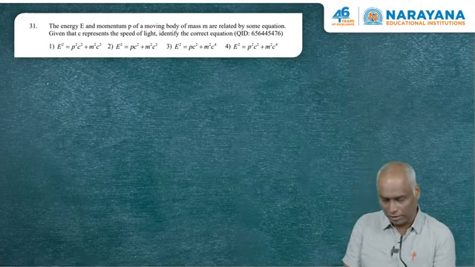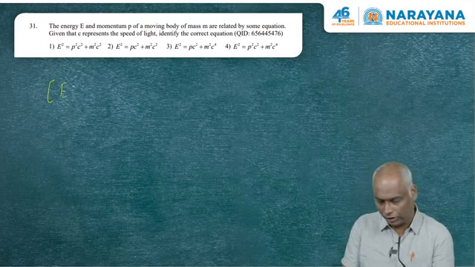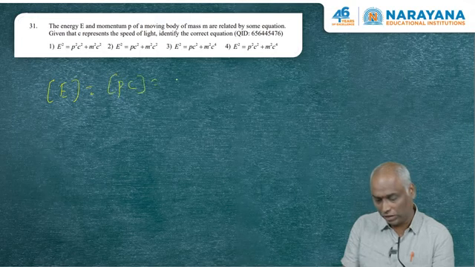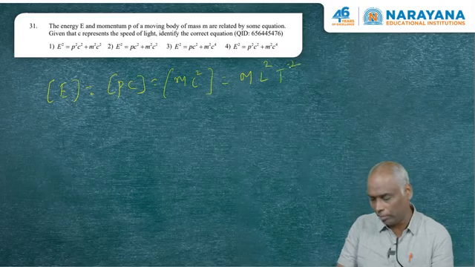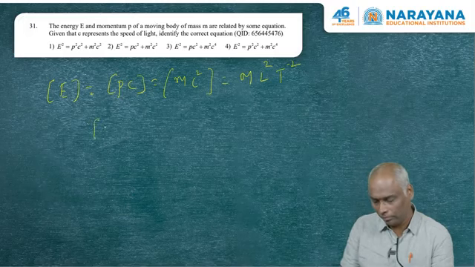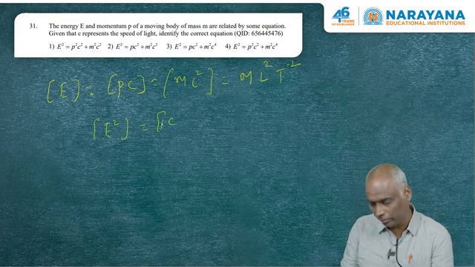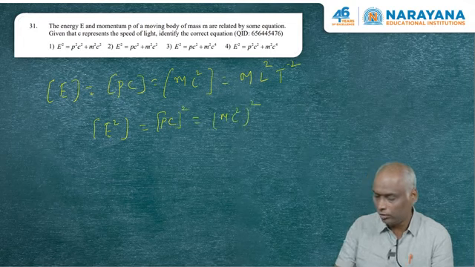We have to understand that the dimensional formula of energy and the dimensional formula of momentum into speed of light equals the dimensional formula of mc square. All these three quantities will have the same dimensional formula as that of energy, which is M L square T power minus 2. Because of this, the dimensional formula of E square and the dimensional formula of (PC) whole square will be equal to the dimensional formula of (mc square) whole square. Therefore, it's going to be option 4.